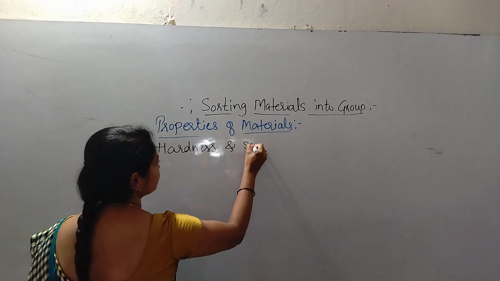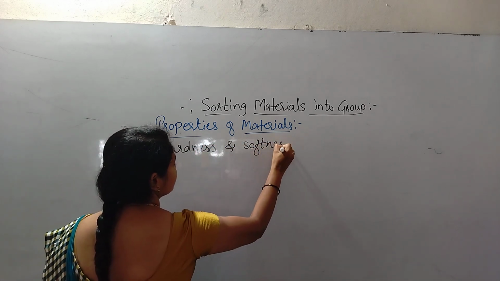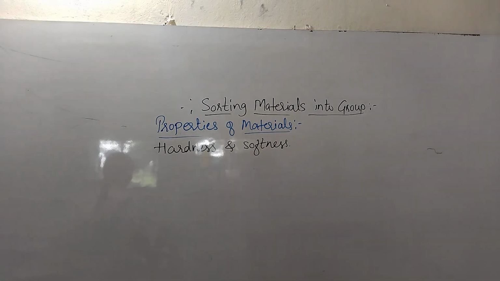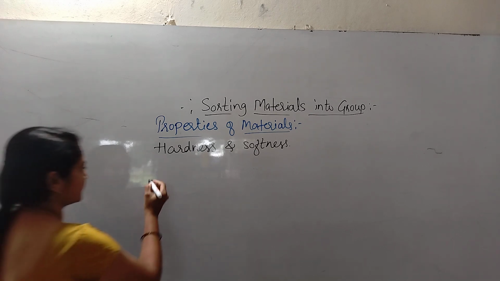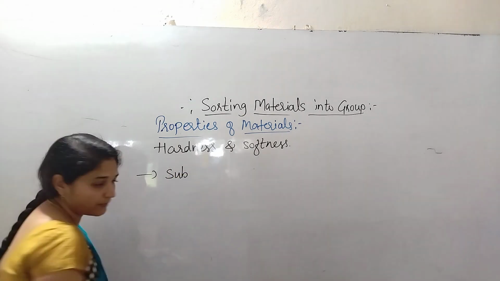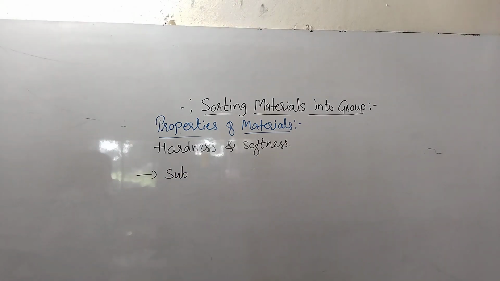Hardness and softness is what? Materials which are difficult to compress are called hard.